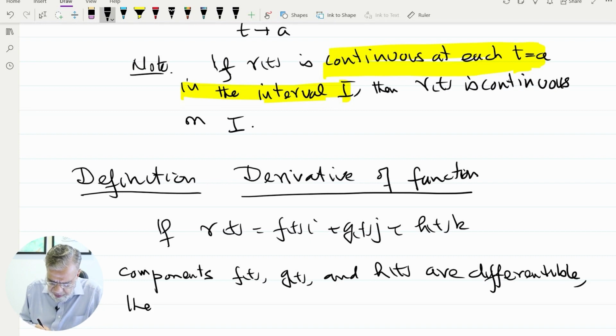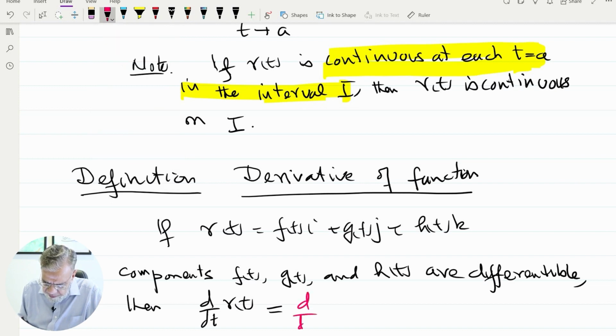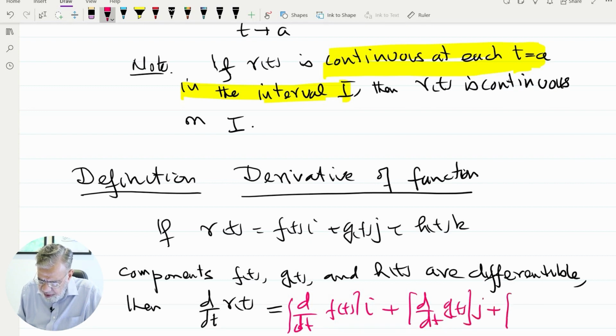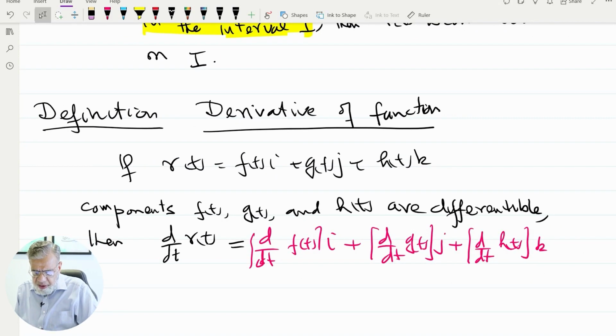Then we can write the derivative of the function: d by dt of r of t is equal to d by dt of f of t i plus d by dt of g of t j plus d by dt of h of t k. So we take the derivative of each component: the derivative of component f of t, of g of t, and of h of t. So we can define the derivative for each one.